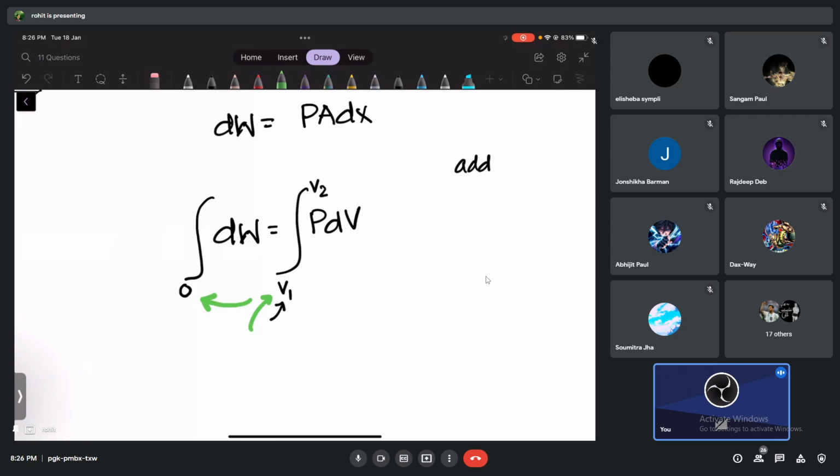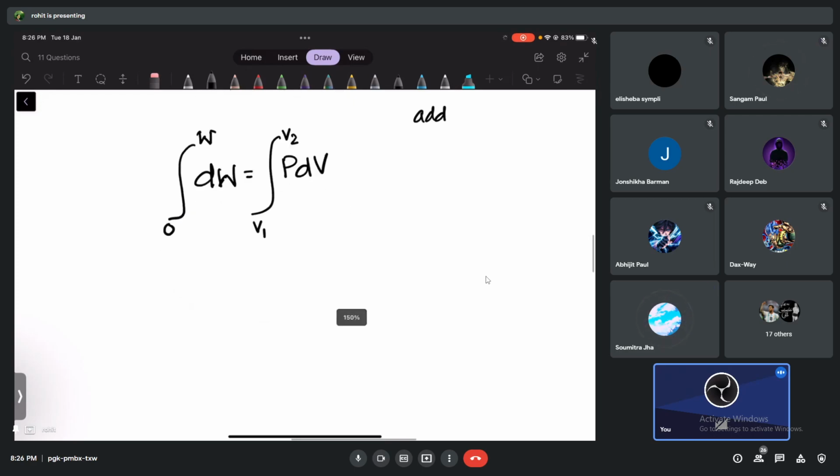When the piston has stopped at a volume called V2, do you agree that the gas has pushed the piston? Yes. So the corresponding amount of work done, will I call it W or dW? I'll call it W, not dW anymore, because now it represents the total work done. Okay, so now I think we are almost done.